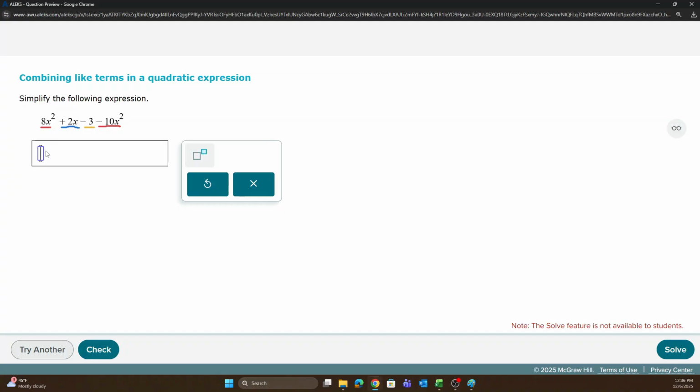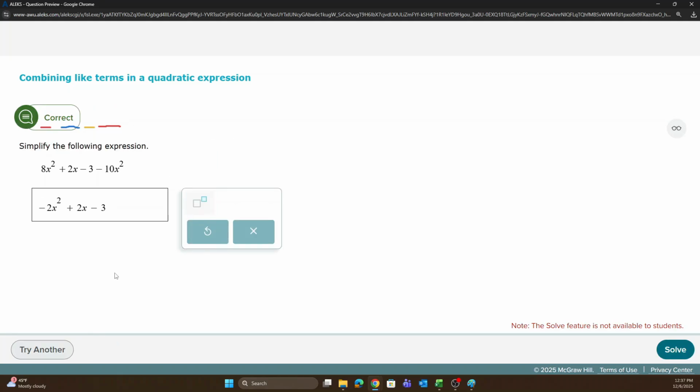So given that, we're just going to say the 8 minus 10 is negative 2. We have x squared. And then the 2x is by itself, plus 2x. And then the minus 3 is by itself. All right, and so that's going to be it for that problem set. Let's go ahead and move on to the next thing.